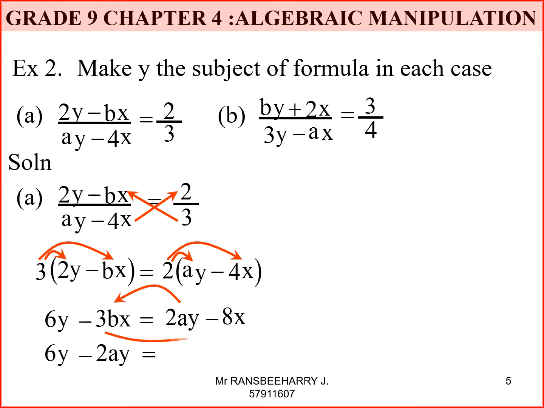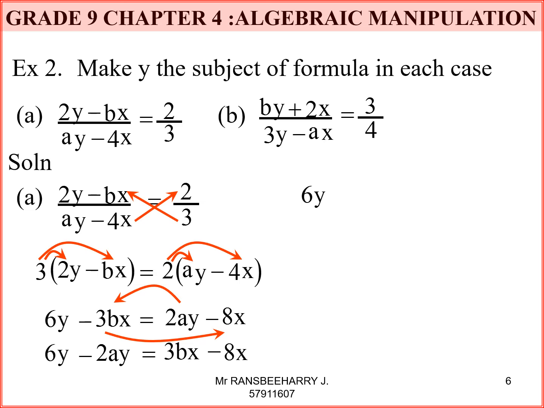Now required to make y subject of formula. All the terms that contain y are sent to the left hand side. So we obtain 6y minus 2ay is equal to minus 3bx on the other side becomes 3bx minus 8x.